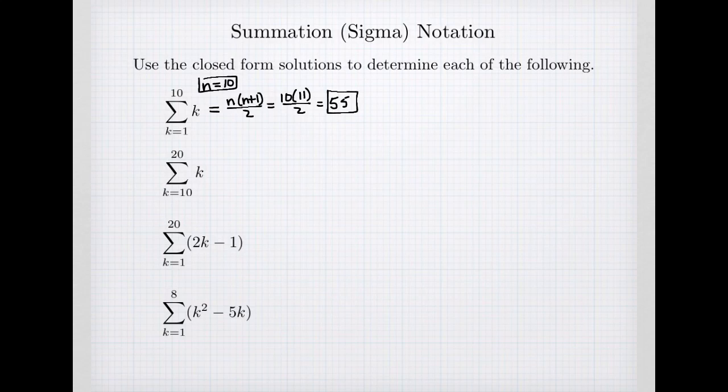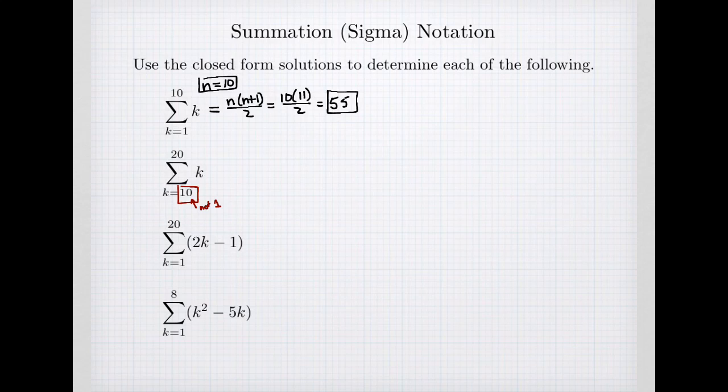The second formula, notice that this does not match the formula in the closed form, because this is not equal to 1. In fact, what it says is I'm starting at 10.